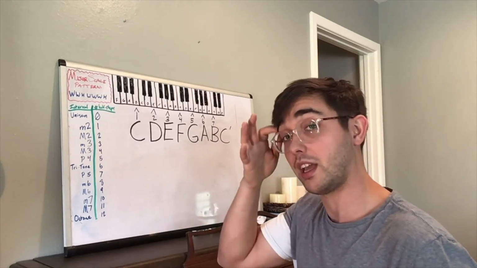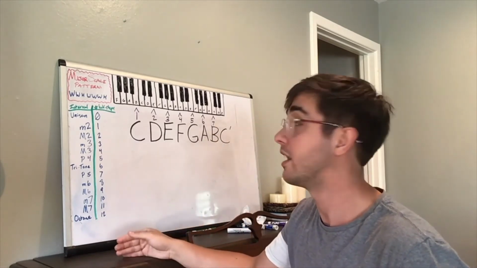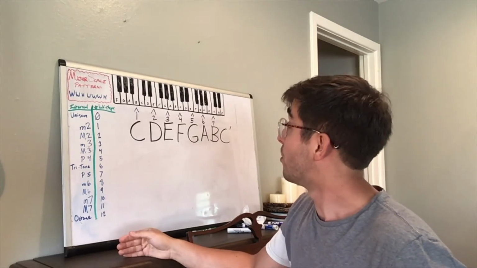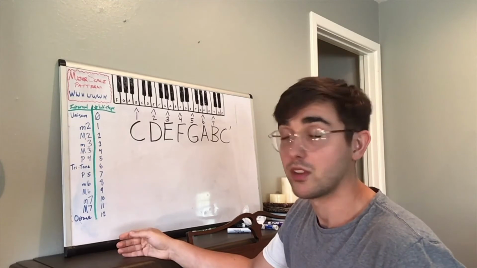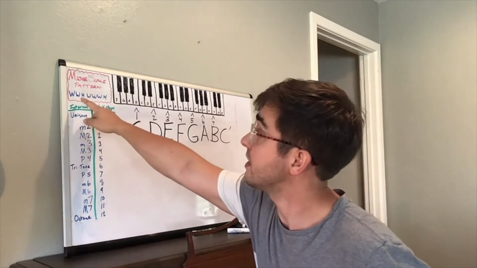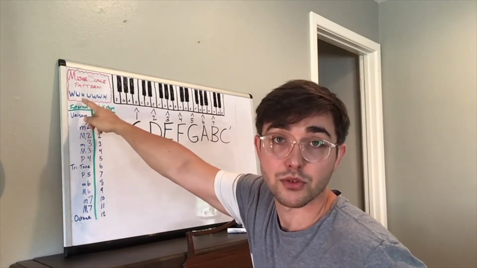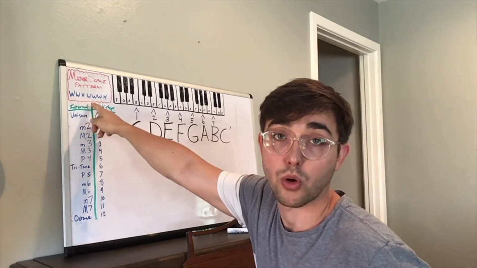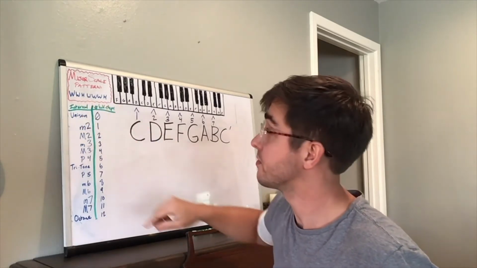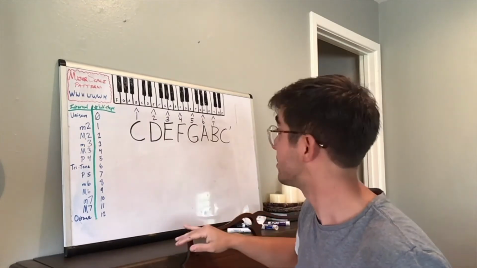So we're just looking at the relationship between those white notes right now. But what we come down to is the major scale pattern. In that, you can see up here, those intervals follow whole, whole, half, whole, whole, whole, half. So those are the intervals between each note.